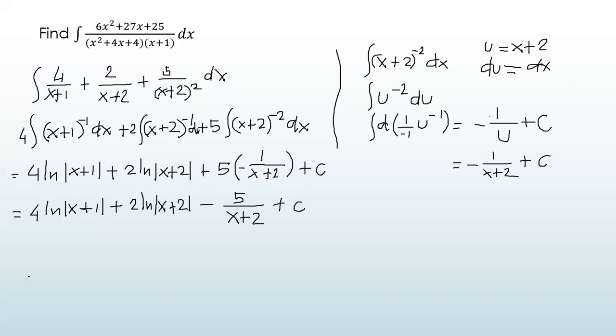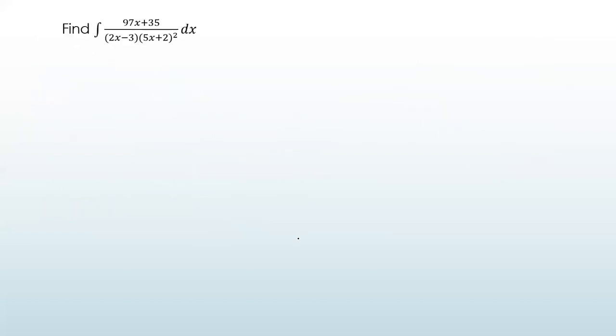So this is the integration of the expression 6x squared plus 27x plus 25 over (x squared plus 4x plus 4) times (x plus 1). The integral outcome is this one. I'm going to move to the next problem.